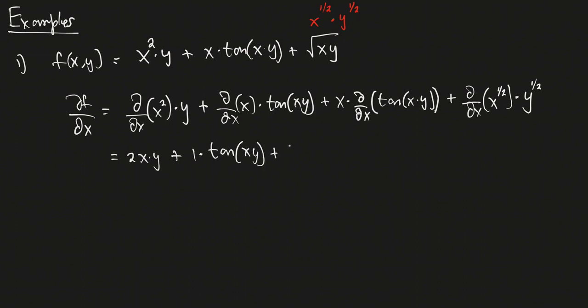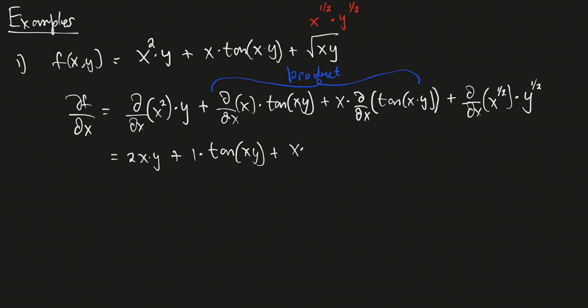Here, bring down the x times, but now I have a composite because the xy could be treated as its own function, but then I'm taking the tangent of it. So in addition to the product rule, which we started and we indicated by writing this down, so this is our product rule.